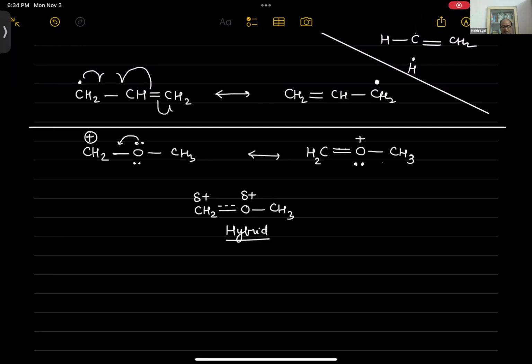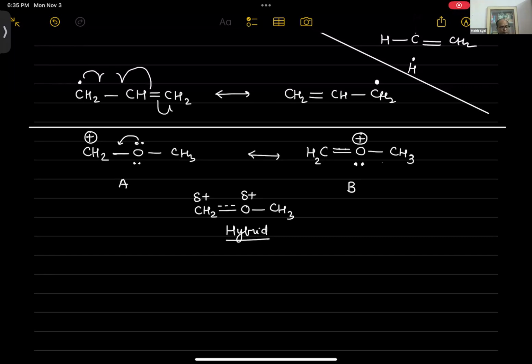So, which is more stable, A or B? B. Why? Because the carbon on the left side is becoming more stable by having four more electrons. Nabila, would you like to add? Yes, the double bond is also there.